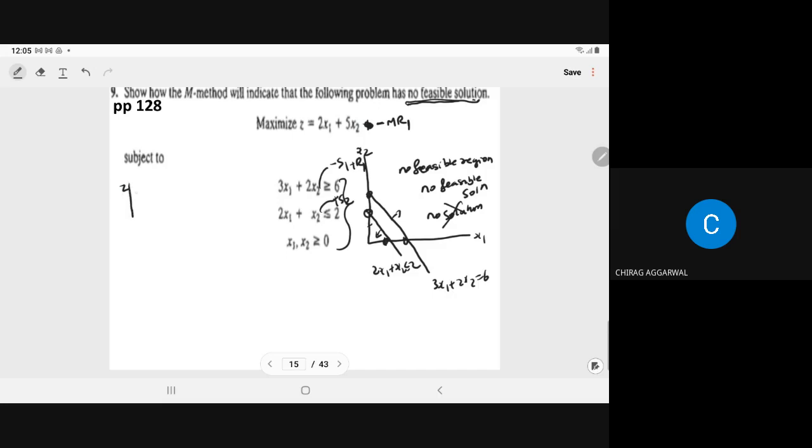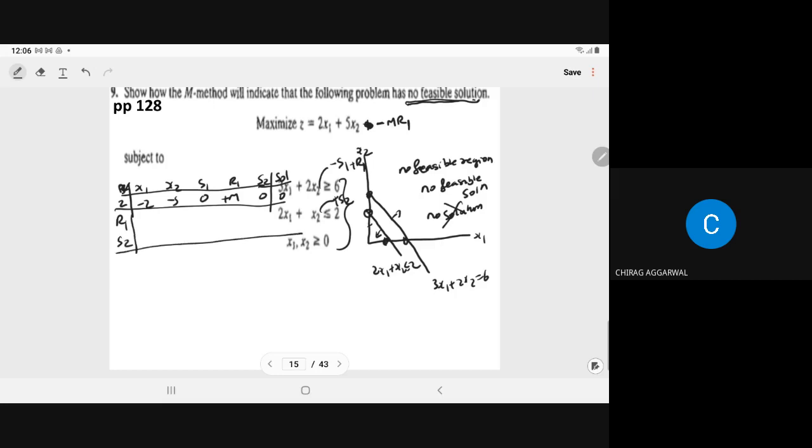The columns are z, basic variable, x1, x2, s1, r1, s2, and the solution. Here we write z: the row will be -2, -5, 0, +M, 0, and 0. The basic variables will be r1 and s2.